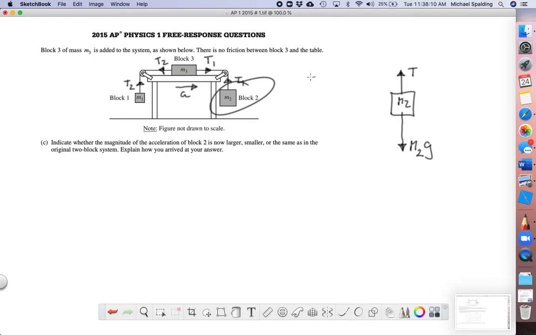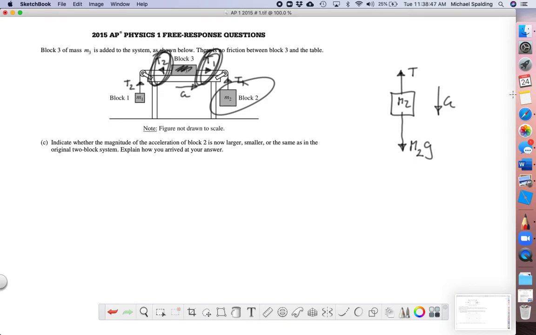The reason I know that is because in order for block number 3 to accelerate to the right, this tension must be greater than that tension. So the tension acting on block 2 is now greater than it was in the original situation, and if this tension is greater, the downward acceleration of M2 must be smaller.